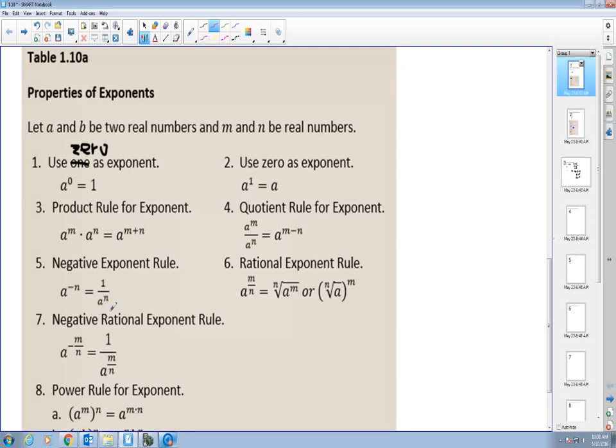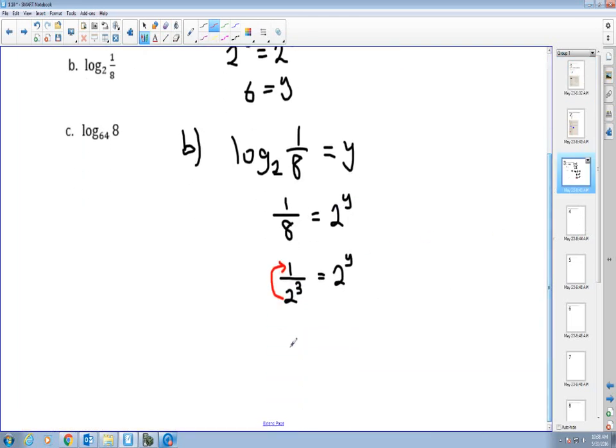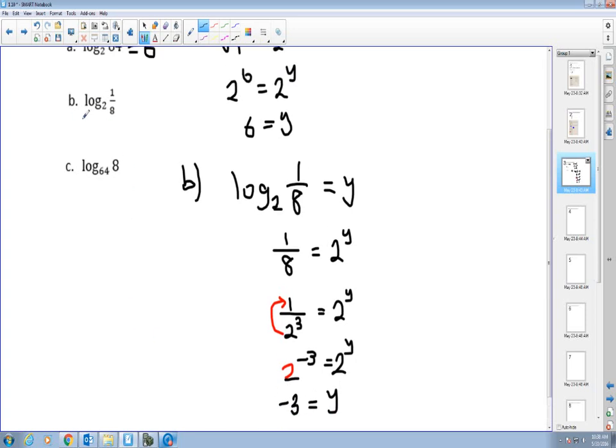To my 2 to the third, if I flip it back to the top, that will become 2 to the negative 3 power. So that will be 2 to the y power equal to 2 to the negative 3 power. So set my exponents equal, my answer y equal to negative 3. So log with the base 2 of 1/8 is actually negative 3.